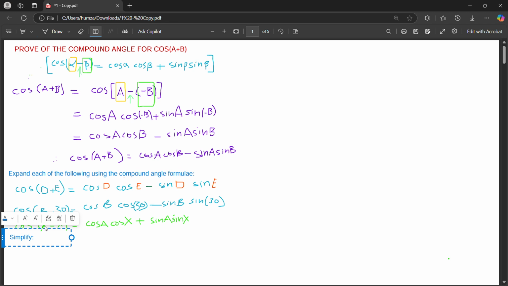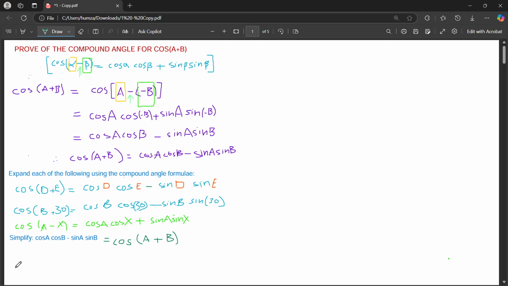For example, we have cos A cos B minus sin A sin B. In order to simplify this, the compound angle has A and B, so in the brackets we will have A and B. There is a negative sign outside, so in the bracket we have the positive sign, and then we have cos. So this is how you will simplify the expanded notation.